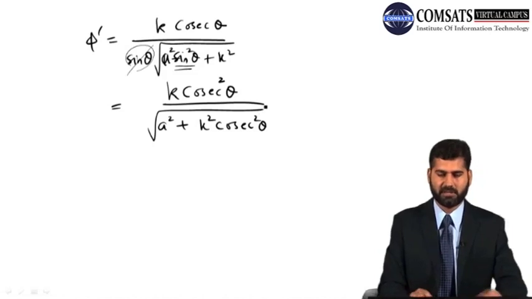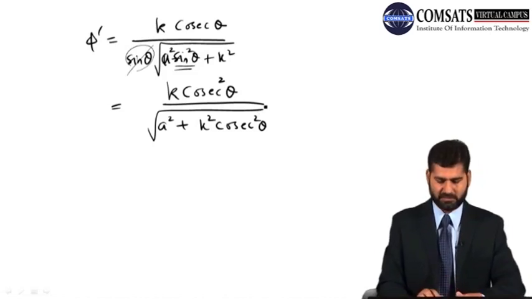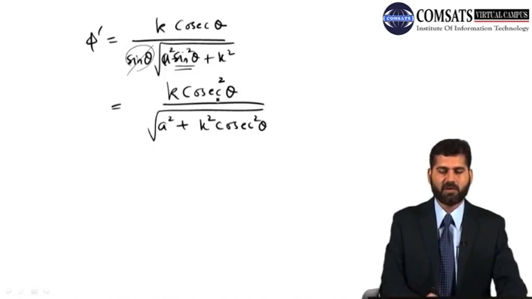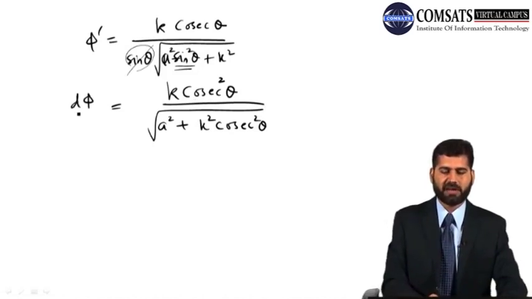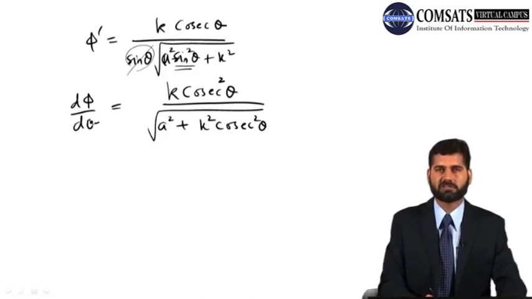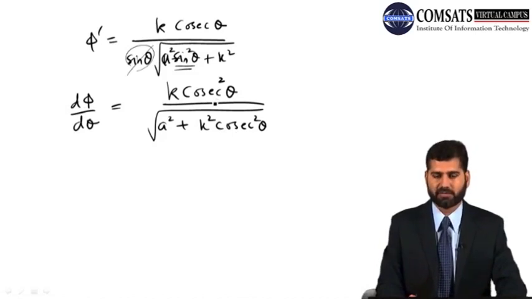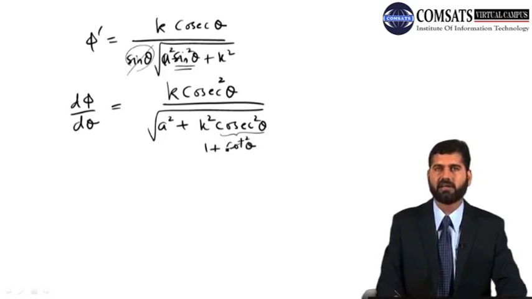Alright, now this is d phi by d theta, right? Phi bar is d phi by d theta, so I need to integrate with respect to theta. Now here, if you see, cosecant square is the derivative of cotangent. So what I can do is replace this and write cosecant square as 1 plus cotangent square theta. So I can replace cosecant by this thing.